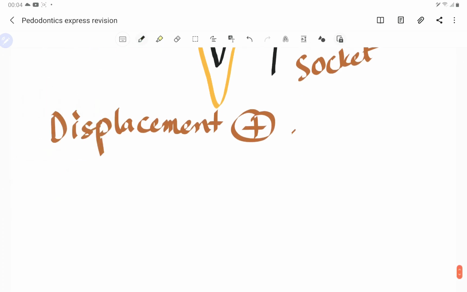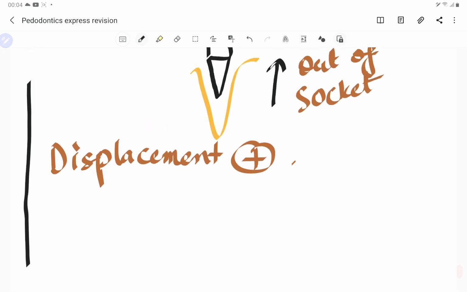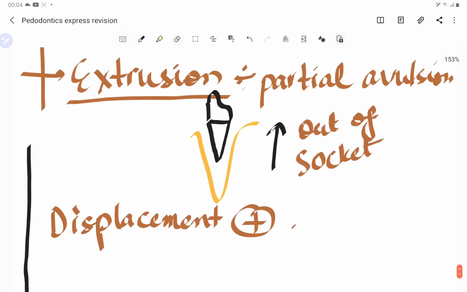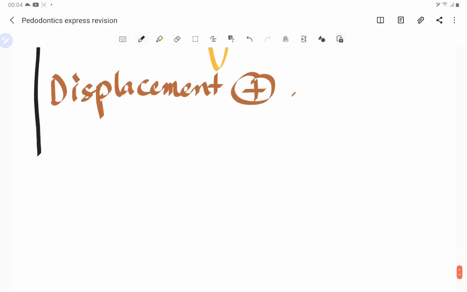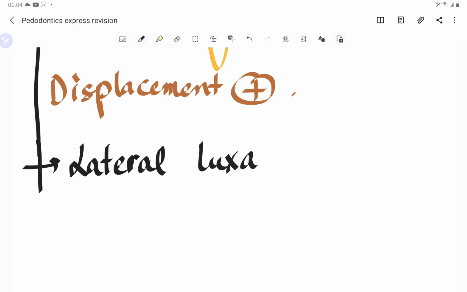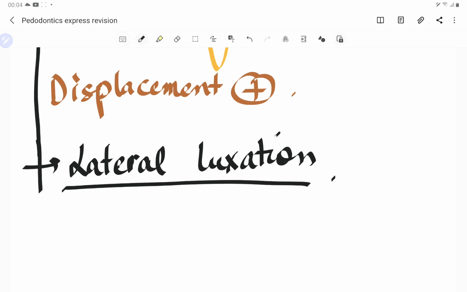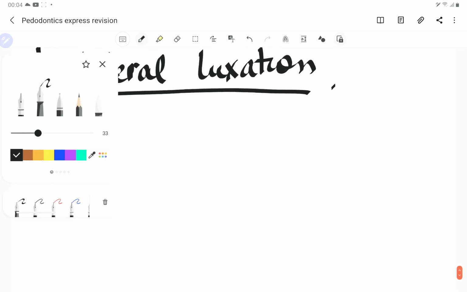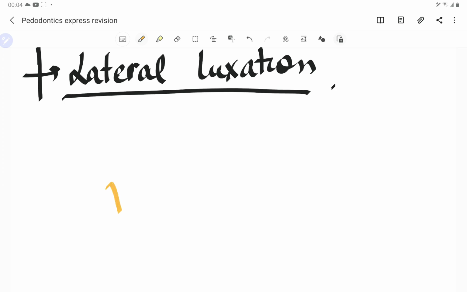Then guys, we have the lateral luxation. So guys, lateral luxation is when the tooth is displaced laterally. So that means, say if this is the socket, this is the previous position of the tooth inside the socket.